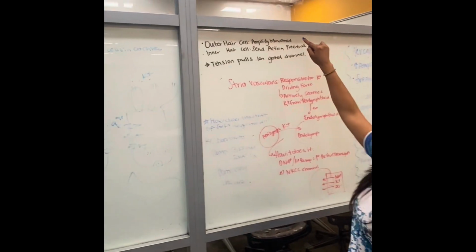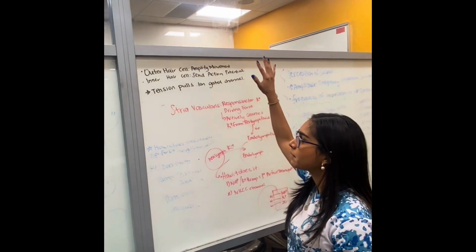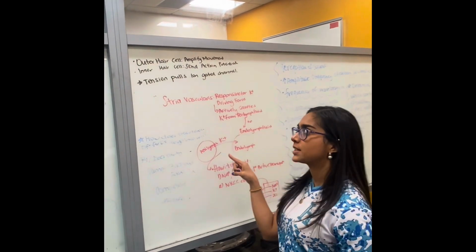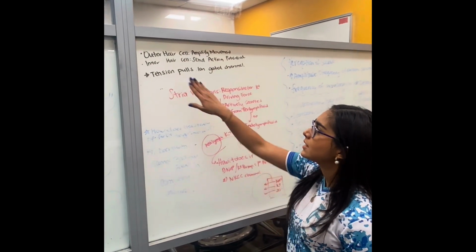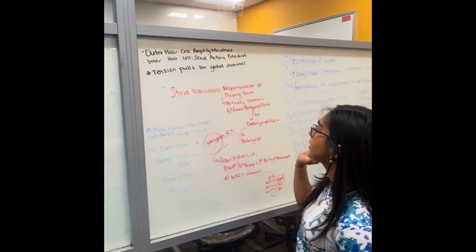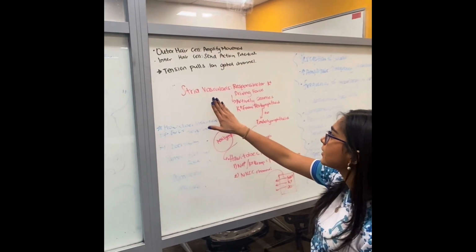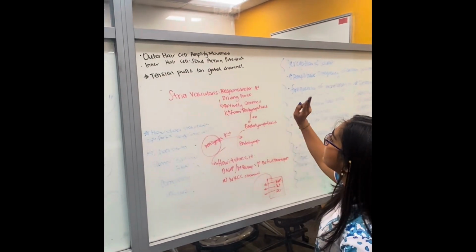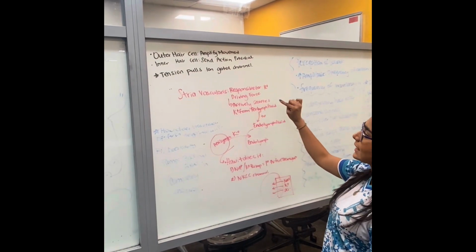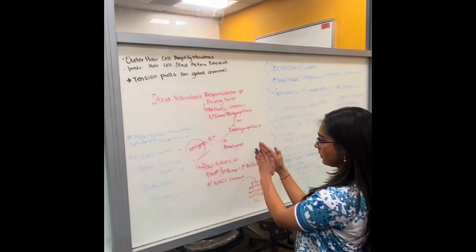So the outer hair cells amplify the movement. They receive something and they amplify it. The inner hair cells are the ones responsible to send the action potential. And then the tension pulls ion-gated channels. Okay, we'll later talk about something called the stria vascularis, and that will be responsible for the potassium driving force. It will actively secrete potassium from the perilymph fluid to the endolymph fluid.